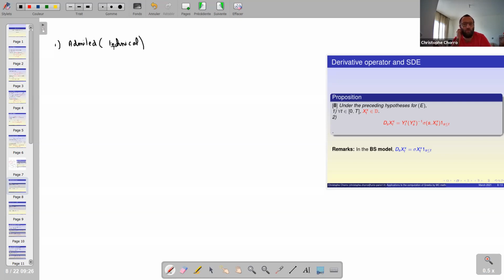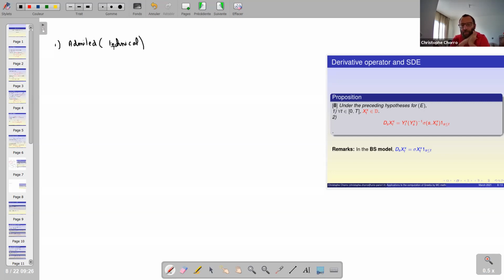In fact, I have two ways to prove this kind of result. The first way is to come back to the proof you have done with Mr. de Meyer concerning how to show the existence and the unicity of the solution of a stochastic differential equation under the condition capital C, calligraphic C. If you remember the proof, you have used an iterating scheme, that is the classical fixed point or Picard iterating scheme, in order to prove that such a solution exists.